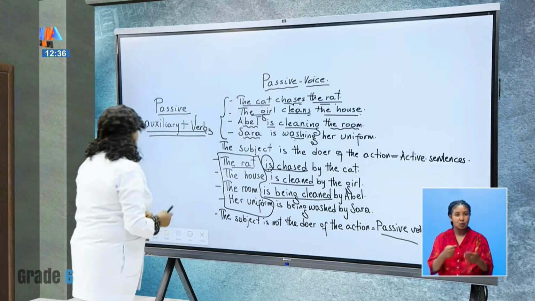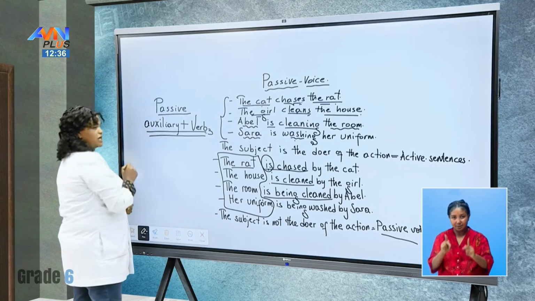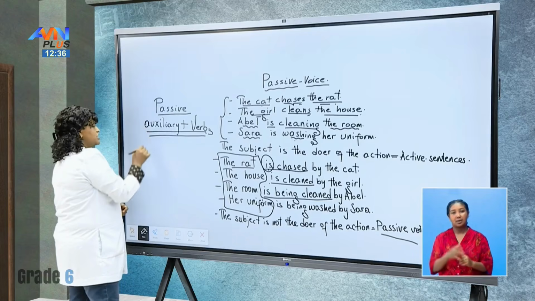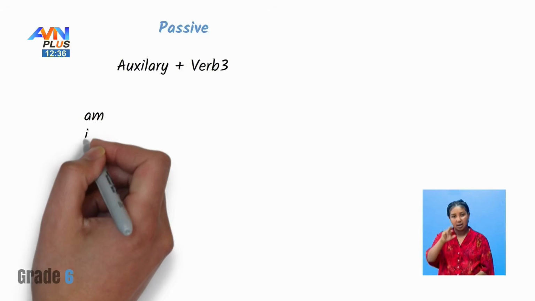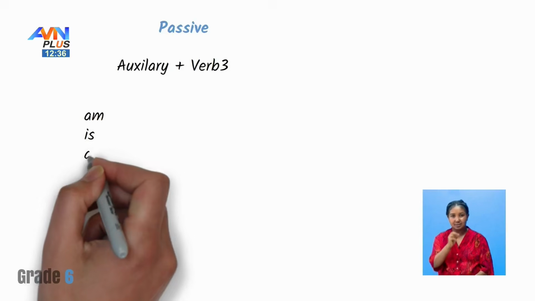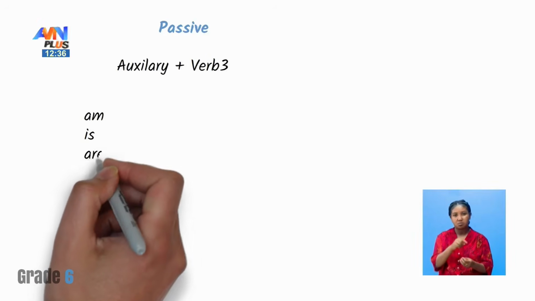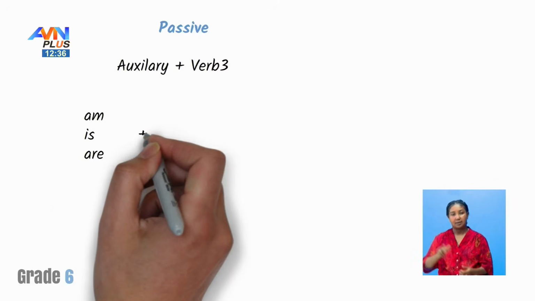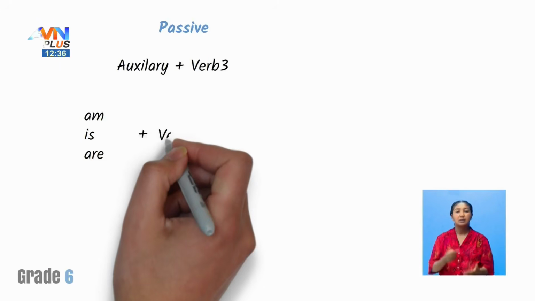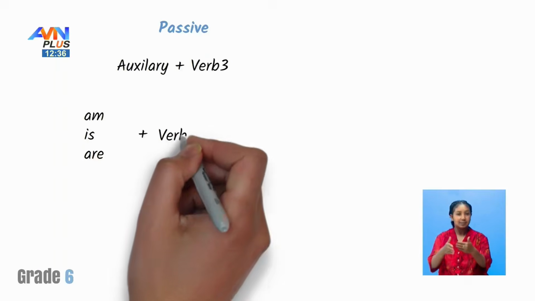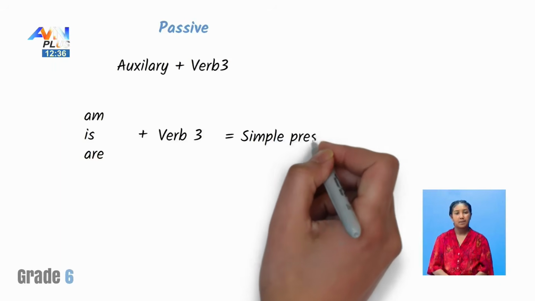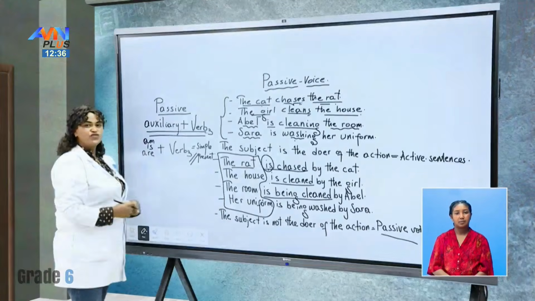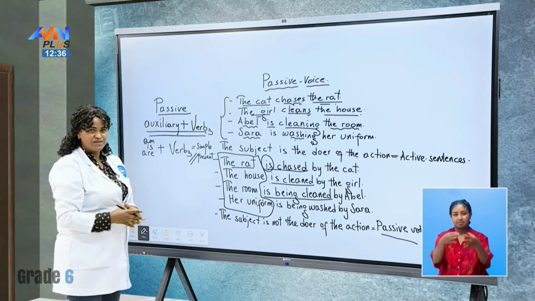So in the case of simple present, let's come here to the form. The auxiliary is, are, plus, as usual, the verb is what? Verb 3. This is for simple present. Let me give you some more sentences on simple present, okay?